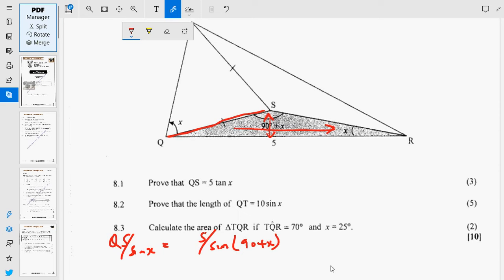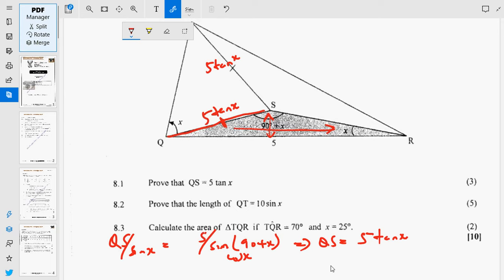Now this 90 plus x will go down to cos x if you use your co-ratios. So if you cross multiply, you are then going to have Qs is equal to 5 sine x over cos x, which is tan x. So I've just determined that this is equal to 5 tan x. Now since these are equal, then these will also be 5 tan x.